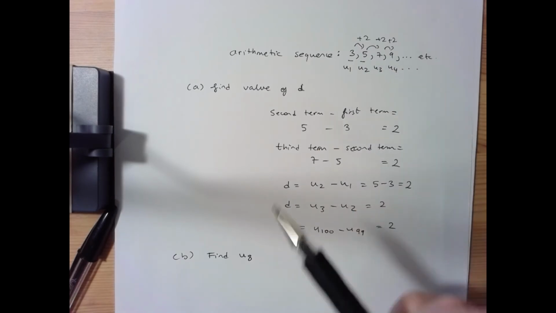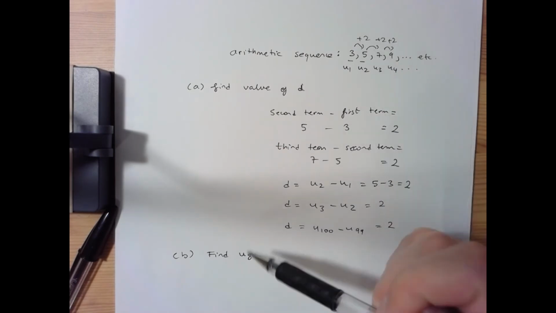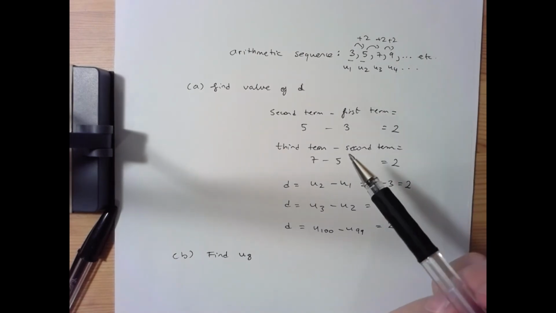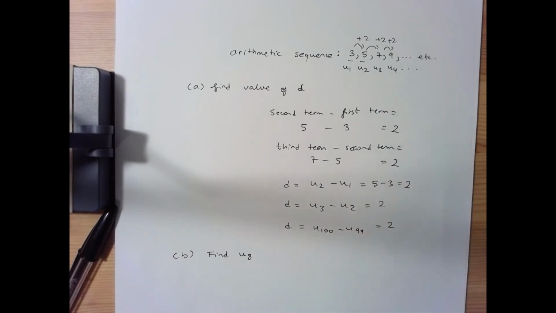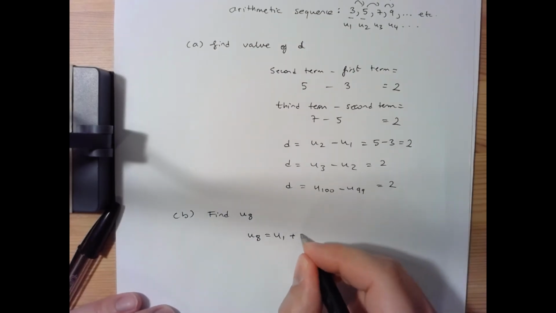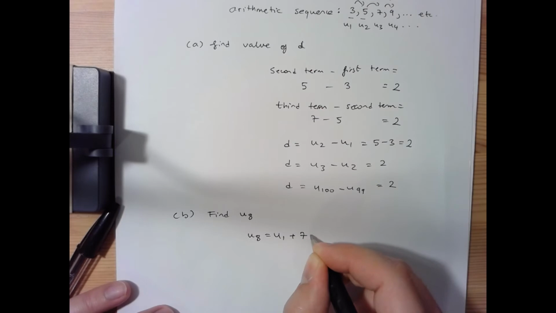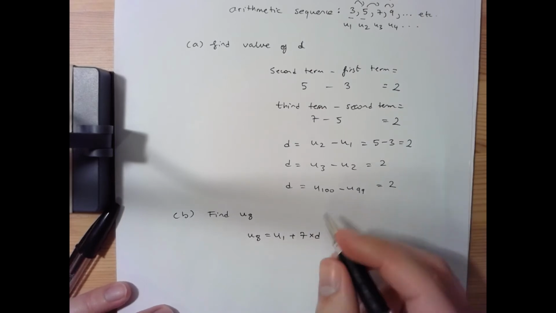So for U8 then, it's 8 minus 1 common differences, so 7 common differences between U1 and U8. Okay, so U8 is then U1, which is sort of our starting value, plus 7 times the common difference. So 7 common differences, right?